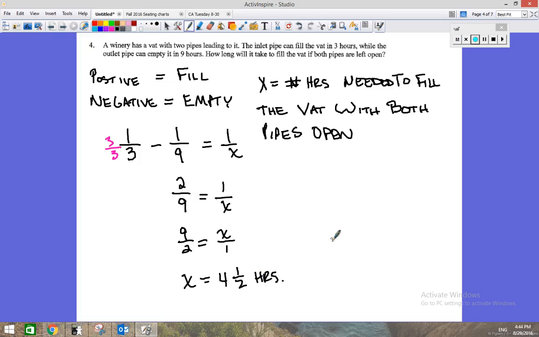So if you accidentally leave the drain open and you're trying to fill this vat, then it's going to take longer than the 3 hours to fill it, because the draining is working against filling it, and it will take 4.5 hours, an extra hour and a half instead of 3 hours to fill the tank.